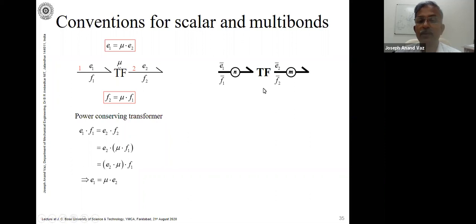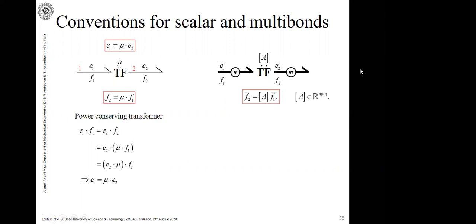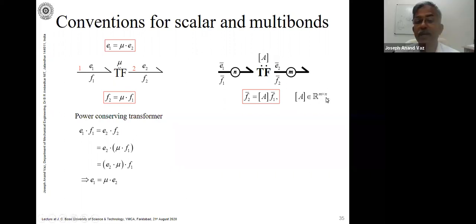Now, power coming in and power leaving out is the same. So let's say that you have the matrix A, which is playing the same role as mu here, except that it's a matrix because it's a multi-bond. So F2 is equal to A operating on F1. This is the flow relationship. And A could be an M by N matrix in this case.